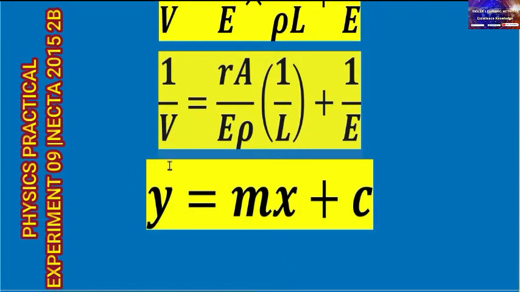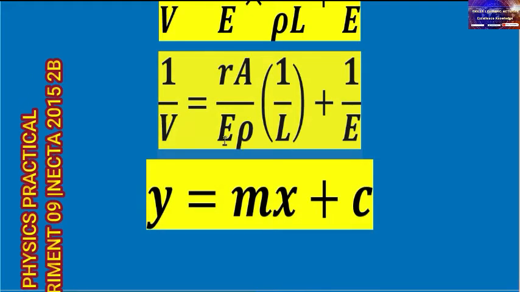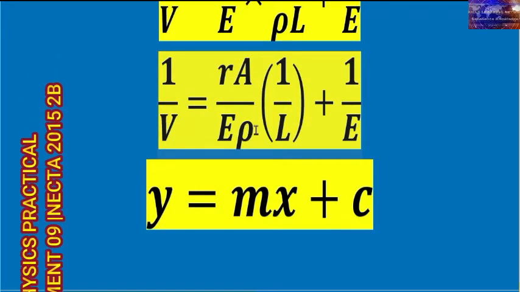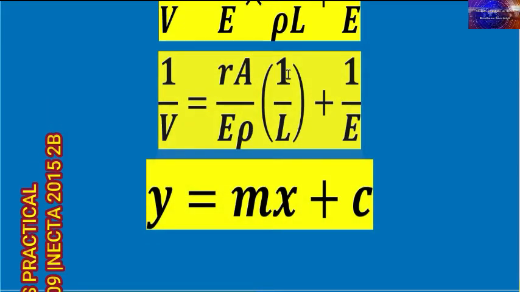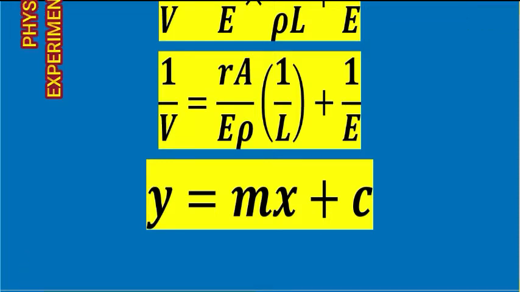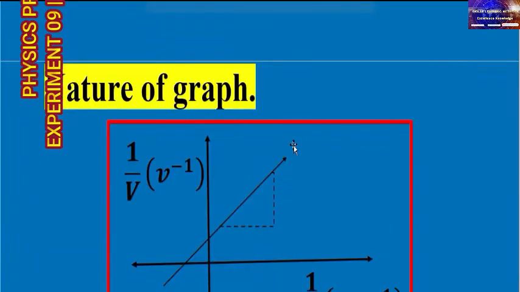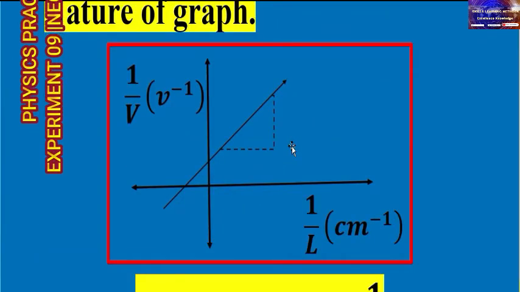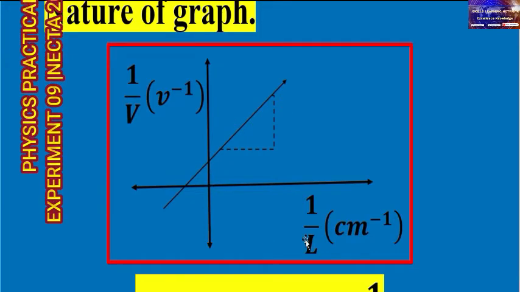So 1 over V is the y-axis, the slope is equal to r times area over EMF times resistivity. But the x-axis is 1 over L, plus 1 over EMF, which is the y-intercept. So the nature of the graph looks like this, so your graph is passing through the positive y-axis.